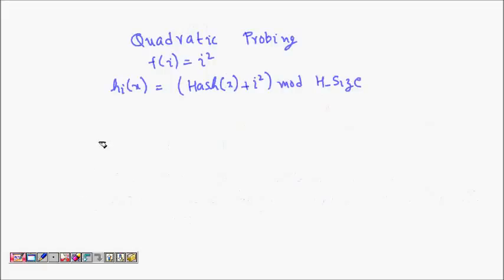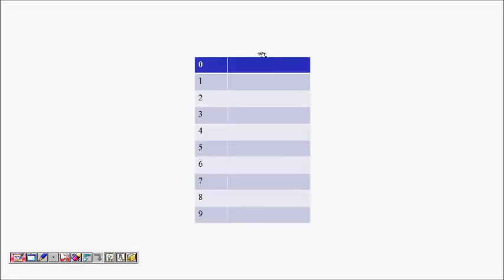So this is our hash table, and initially we used hash of x as x mod 10.